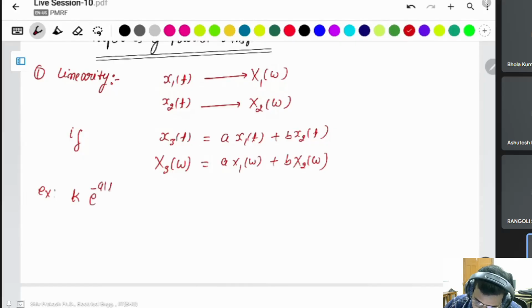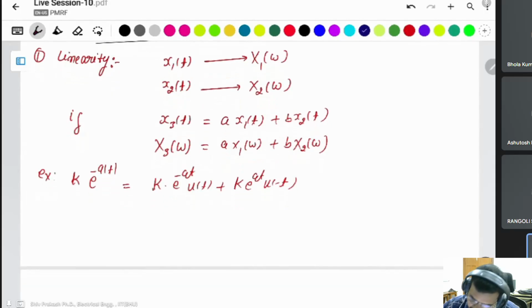For example, x3(t) equals k e to the power of minus a t u(t) plus k e to the power of a t u(minus t). This is a combination of the summation of two functions. What will be the Fourier transform of this function?